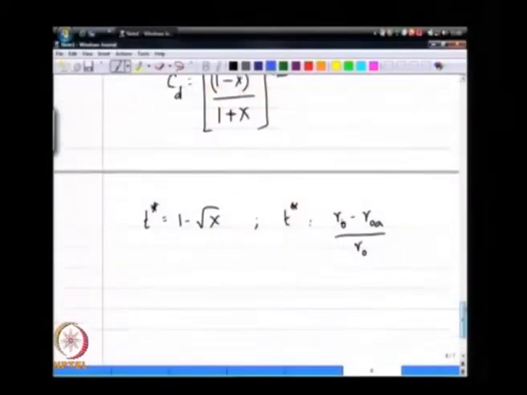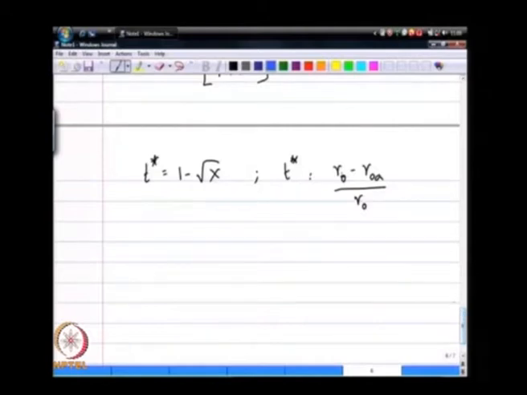There is also another side to this, which is coming back to the cone angle.